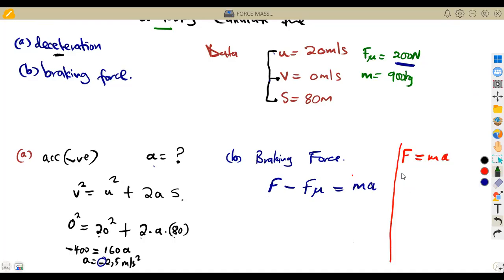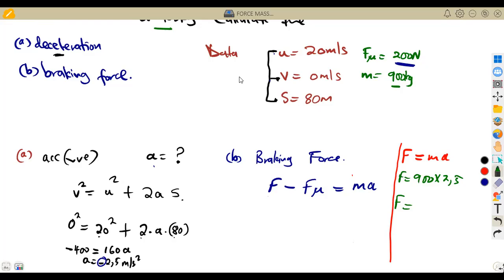If we multiply mass times acceleration, because we've got the mass here of 900 times the acceleration, which here we are going to take as 2.5. Remember, the negative is showing us that there's a deceleration there. So if we are to multiply this part, what are we going to have at the end?